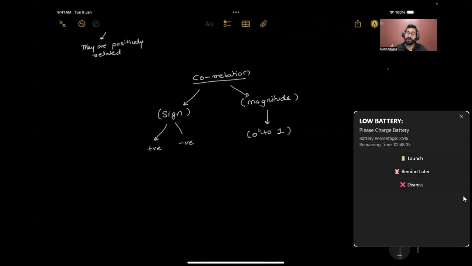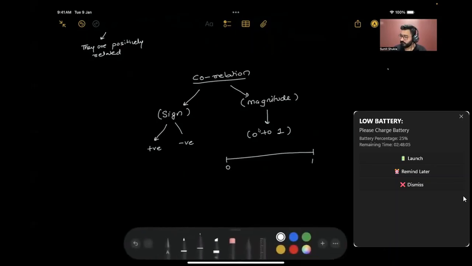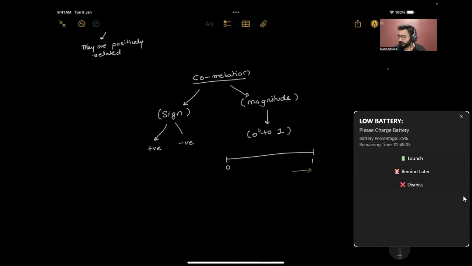So if the value is closer to 1, that signifies a strong relationship or a strong strength. So between 1 and 0, if your value is close to this side, this is a strong relationship, and this is a weak relationship. And here positive means positively related.